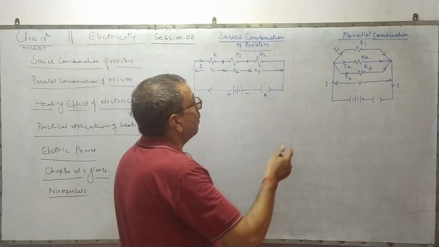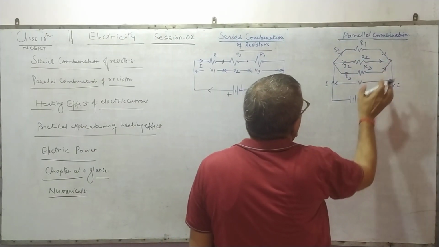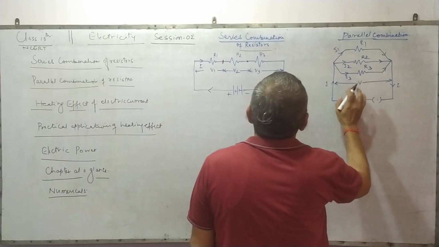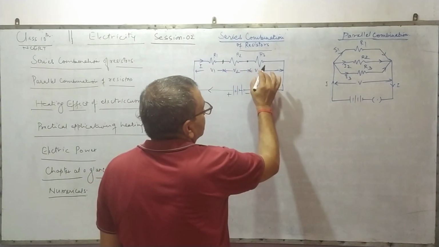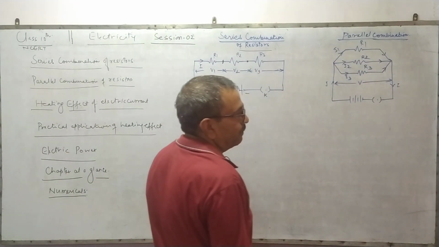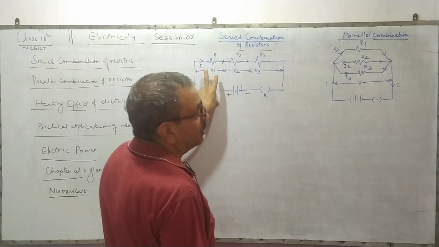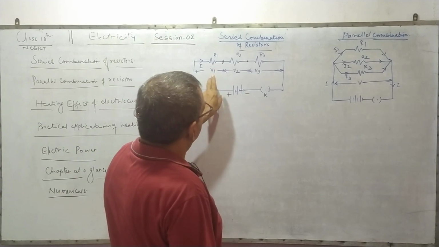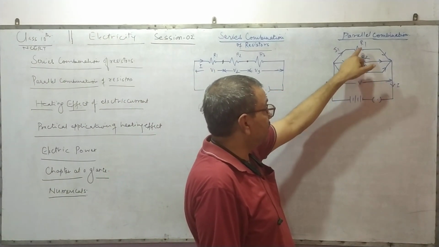If one end of all resistors is connected at one place and the other ends at another place, this combination is known as parallel. What is the difference between the two? Same current flows through the series combination and different currents flow through the different resistors in parallel. Voltage is the same in parallel combination, voltage is different for series combination. So here is V1, V2, V3, here is V. Current is different in this.